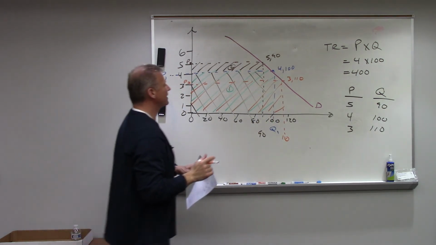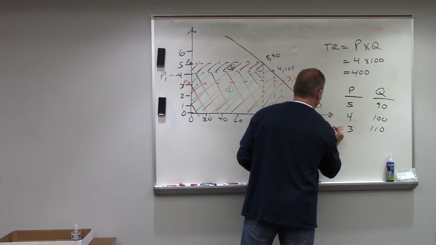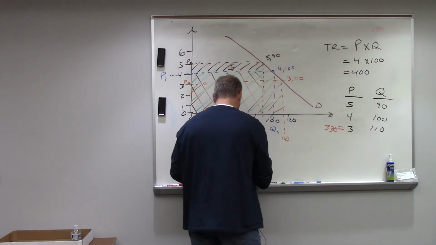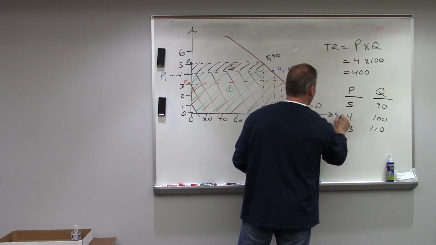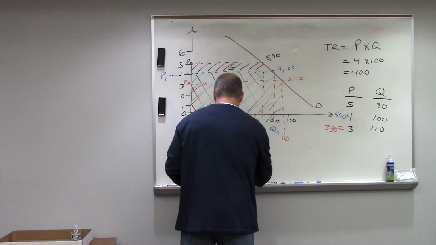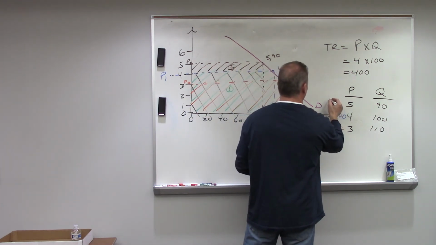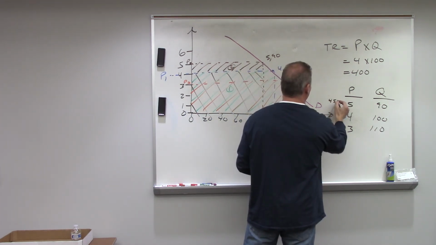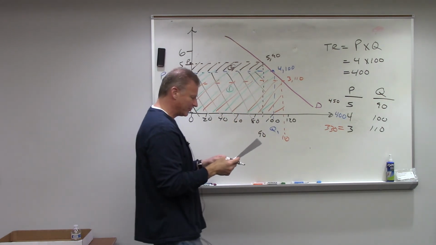Essentially, that would be 330. This we already know is 400. And I think I did this with brown, and that would be 450.